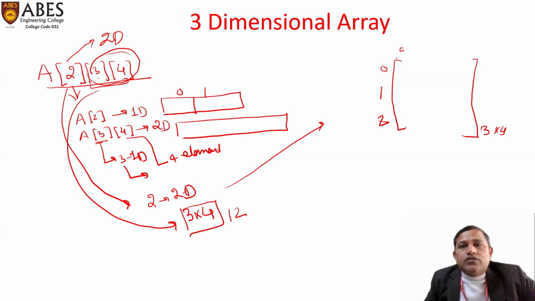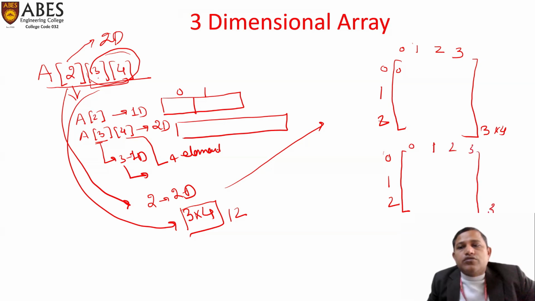Here 0, 1, 2 and 3 are the column indexes. And another two-dimensional array of the same size, with rows 0, 1, 2 and columns 0, 1, 2, 3. This is the 0th two-dimensional array and this is the first two-dimensional array.